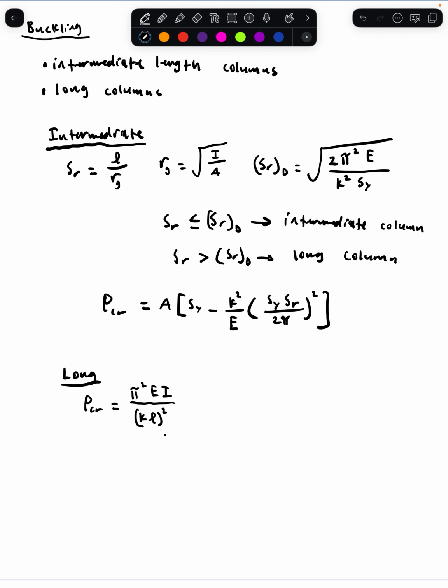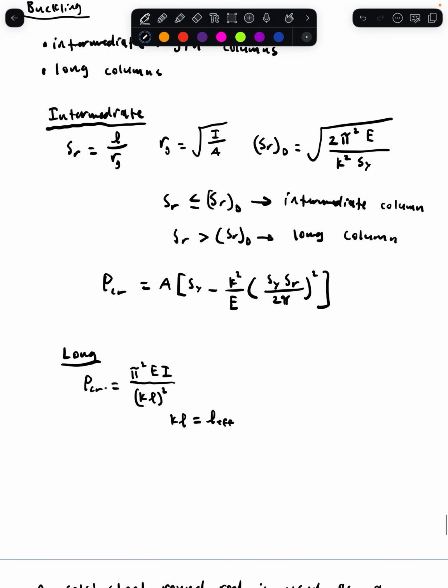This k times L is your effective length, and again, that k depends on how the column is supported. Just so we're clear, this critical load is the load at which the column will buckle. You can see the difference here: in the intermediate column, you have to consider the yield strength, whereas if it's a long column, you don't.